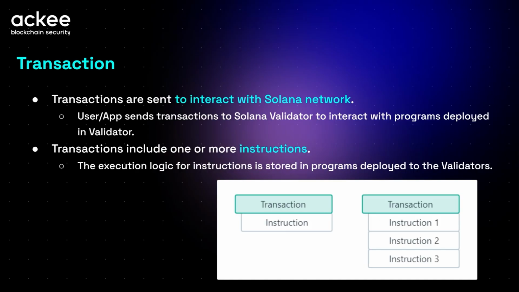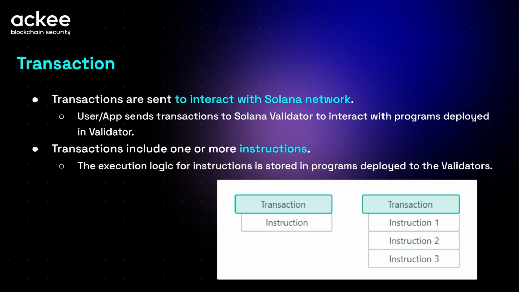So as I was comparing Solana programs to Rust binaries, when you have the main function in normal Rust code, this is the entry point to the program. This function is invoked at the start of the invocation of the Rust program. If you have a Solana program, it is pretty similar. It is not called the main function, but it is called the entry point. And again, this entry point is called every time by the runtime.